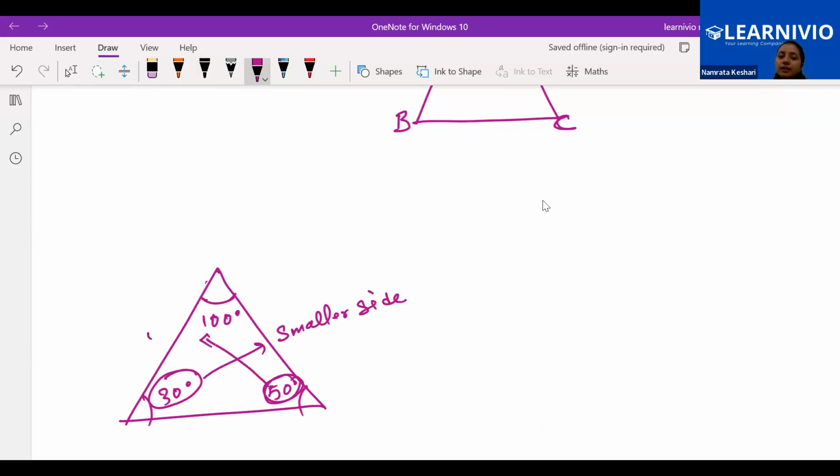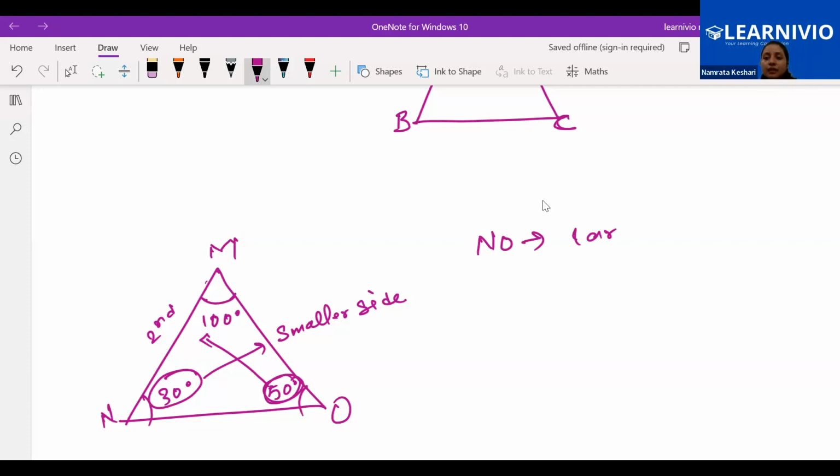The sides sequence will be like that only. If we are naming it triangle MNO, then this NO will be the largest side. Why? Because it is opposite to the largest angle. And the smallest side over here will be OM.